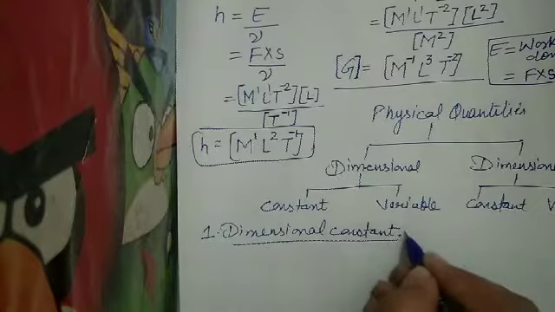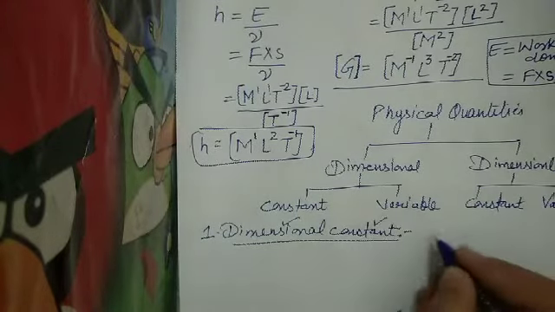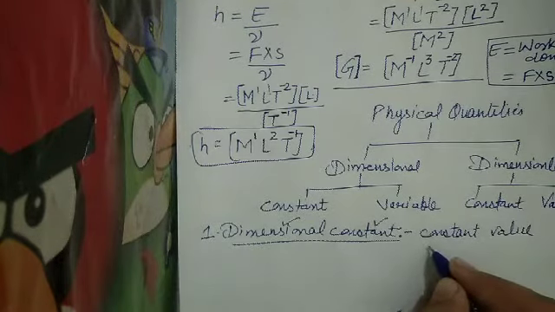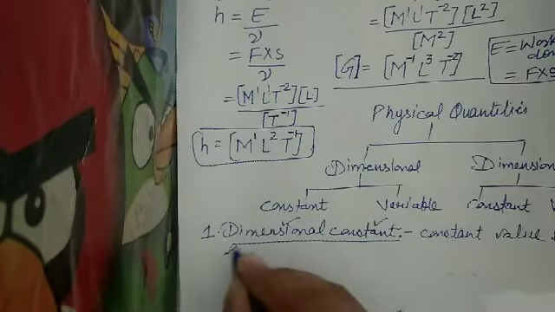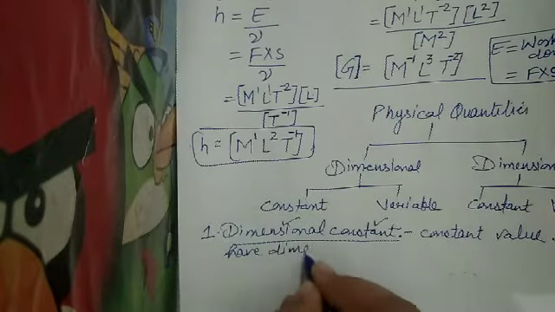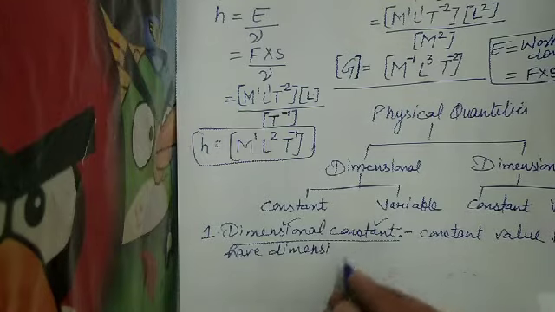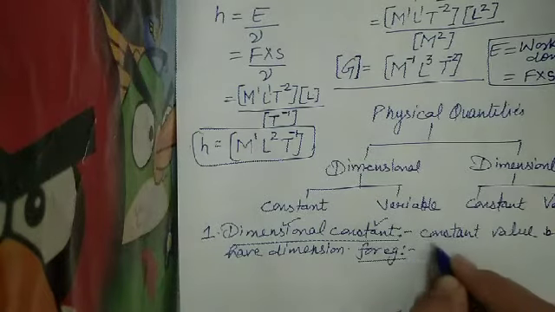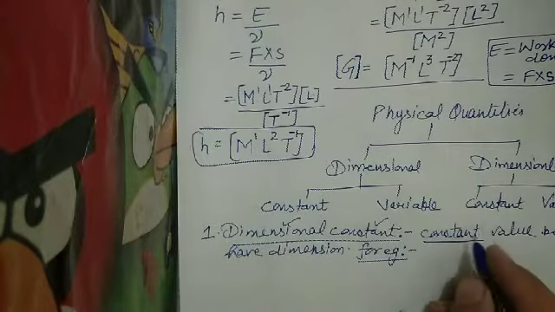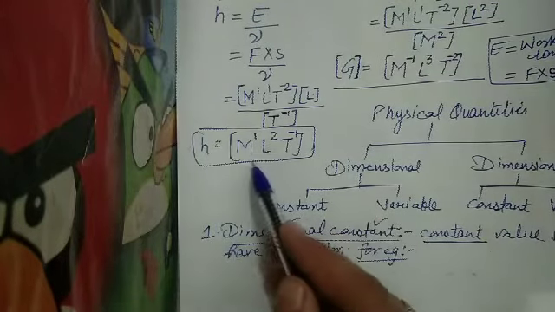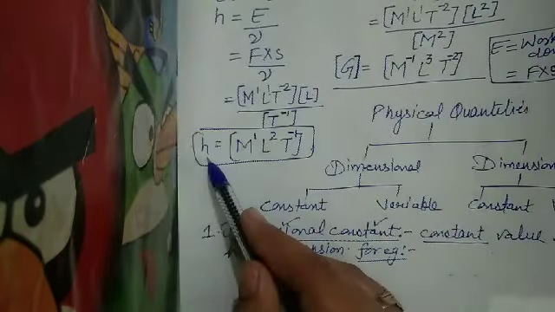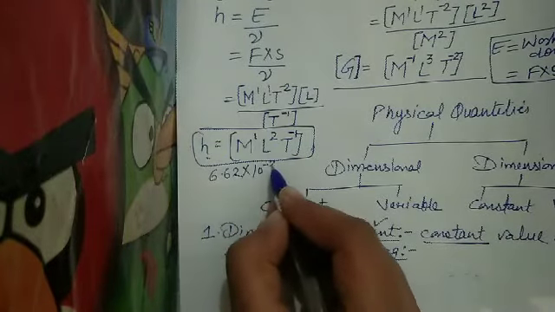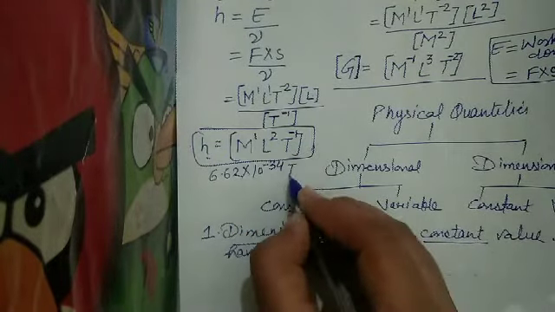Dimensional constant means having dimension but constant value. Constant value but possessing dimension. Such physical quantities are termed dimensional constants. For example, I told you in today's lecture that Planck's constant has a fixed value, 6.62 into 10 raised to power minus 34 joule second.